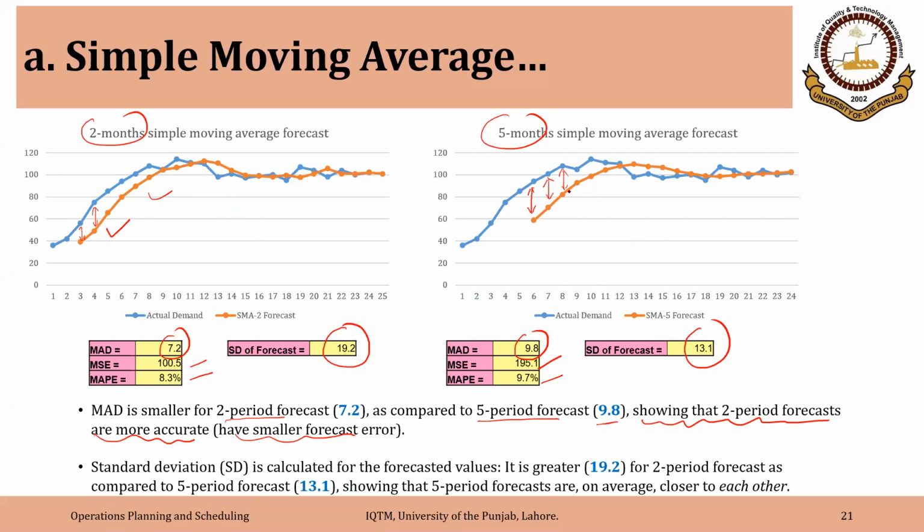We do not require the forecast values to be closer to each other, but we require them to be closer to the actual demand. So the forecasts are less smooth for smaller n, they are smoother for larger n, but we need the forecast to be responsive to the changes in demand instead of forecast values being closer to each other. I hope this point is clear. If it is not, then you can ask.